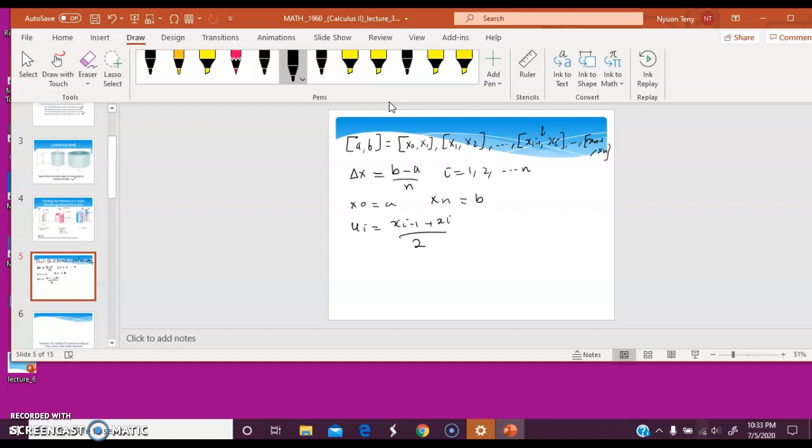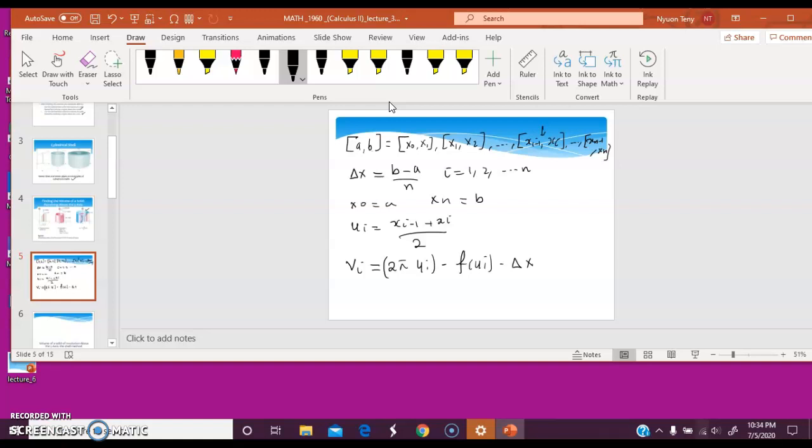To find the volume, V sub i is equal to 2 pi times u sub i, which is basically the average circumference, times f of u sub i, which is the height, times delta x.